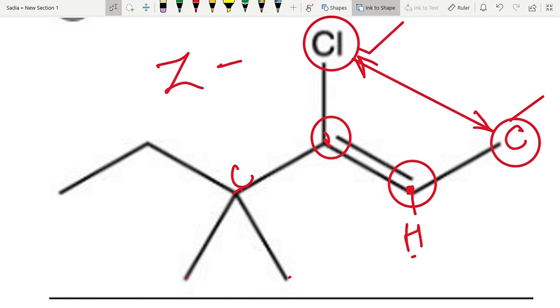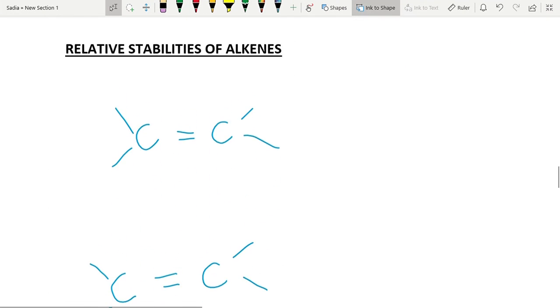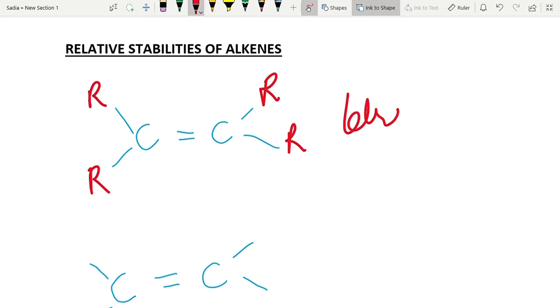Let's move on to the relative stability of alkenes. Right. So relative stabilities depend on the number of R groups attached. I'll say that if I have 4 R groups attached like this, it will be tetra substituted, which means 4 groups are attached.